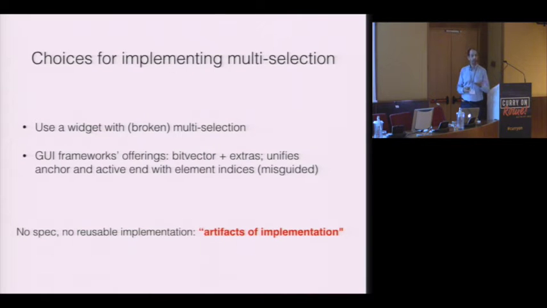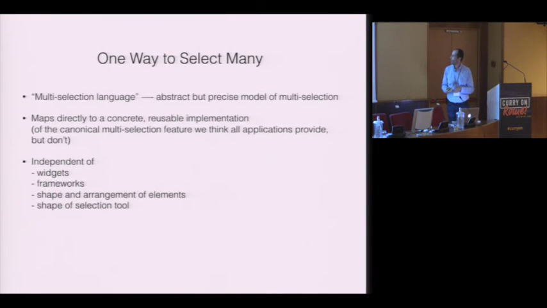What we have and can observe is that there are a lot of these artifacts of implementation. The feature works in ways that just happen to fall out of the particular design decisions that the developers made. Okay, so what's our contribution here? We have a precise and abstract model of multi-selection.